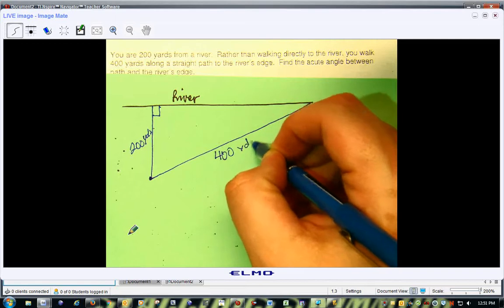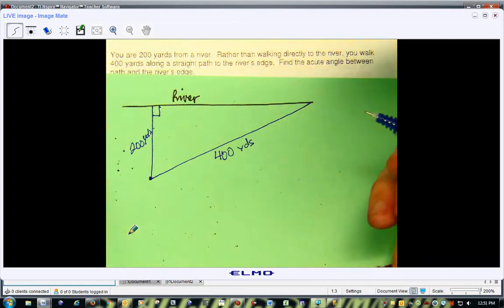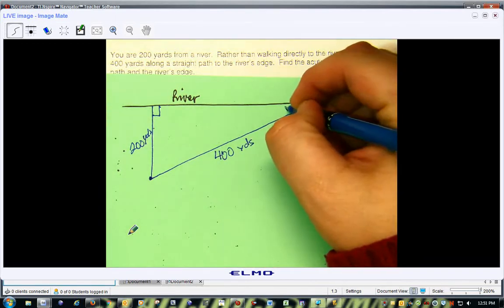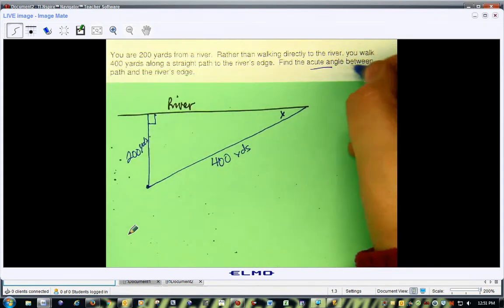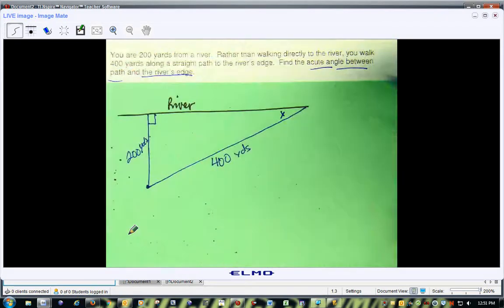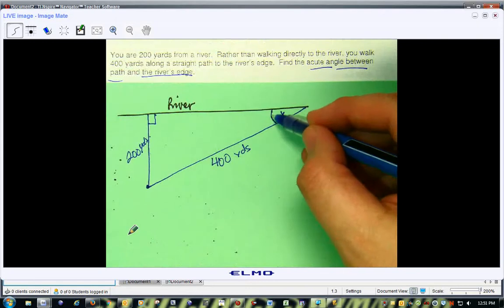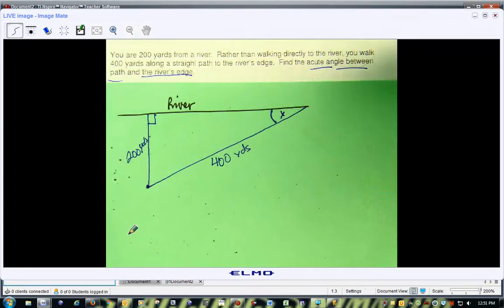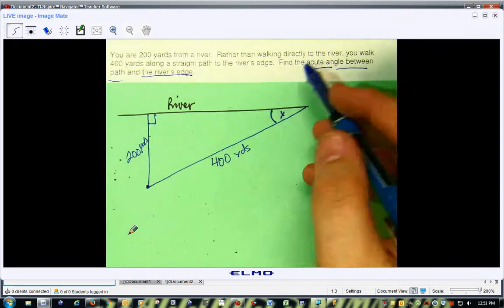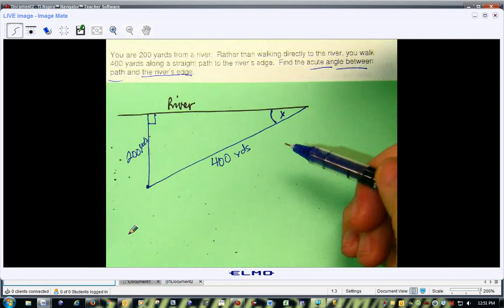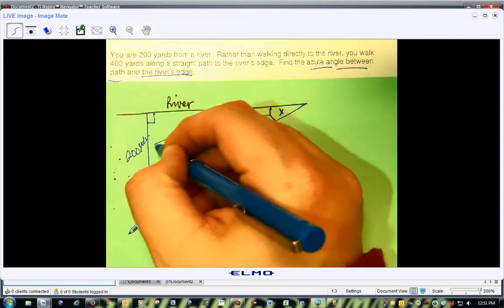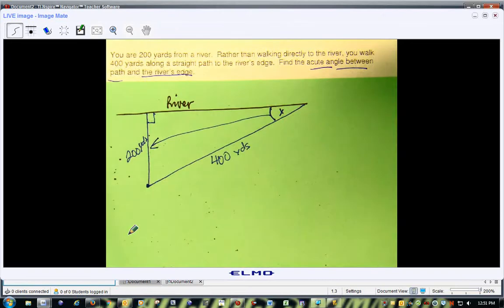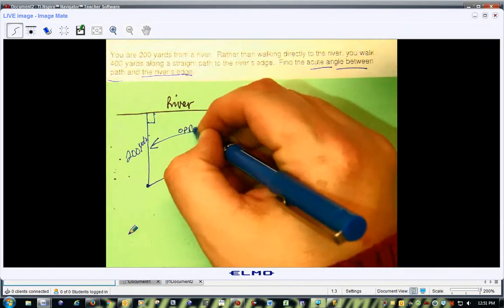Now it says, what is the acute angle between the path and the river's edge? So I want this here. Now, I only know 2 parts of this, right? This is the acute angle that I'm looking for. Is that my opposite or adjacent or hypotenuse? All right, that's the opposite. Now, what is this guy? Yeah, that's your hypotenuse.